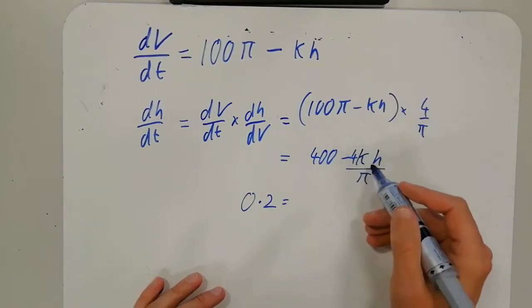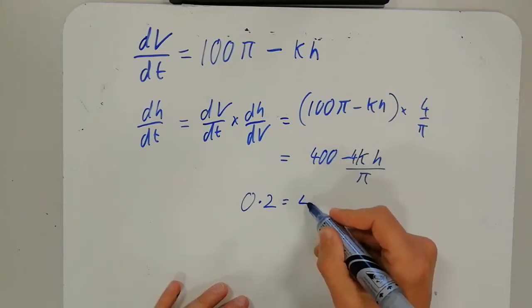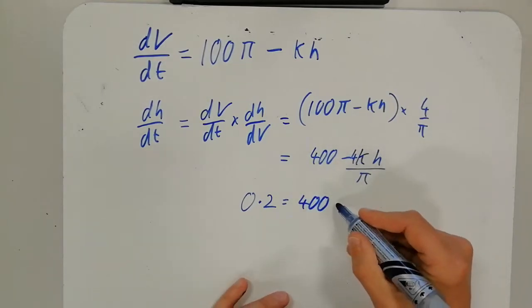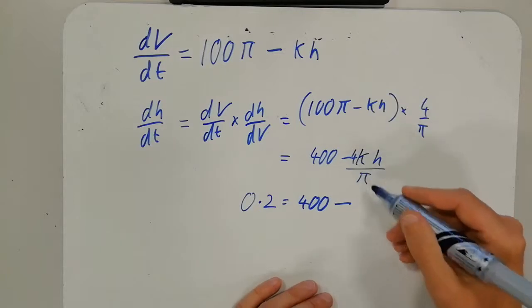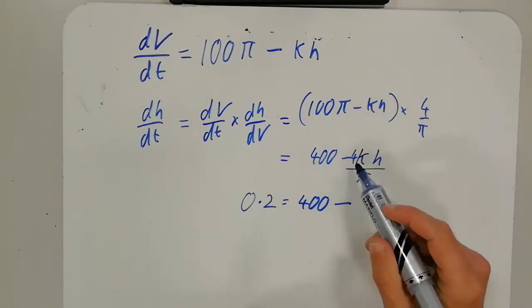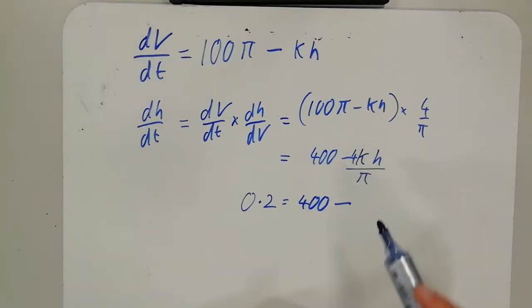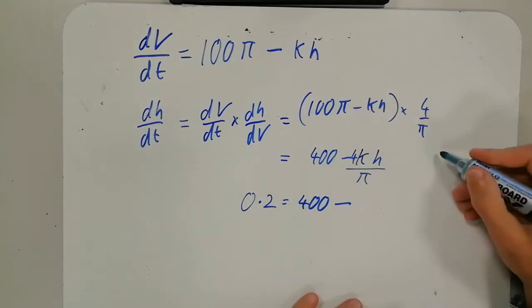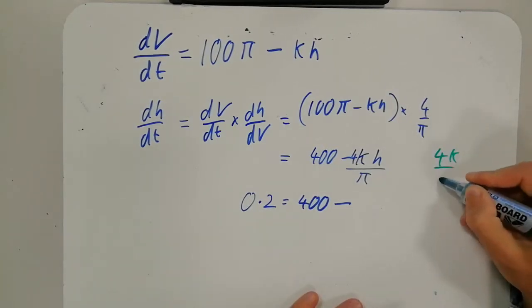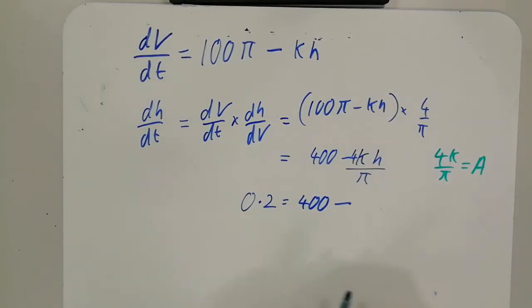This is going to help me find my constant k. 400 minus, well, I could write minus 4k over pi, but 4 is a constant, k is a constant, pi is a constant. I can just replace 4k over pi with some new constant a. Why not? It's going to be much, much nicer to look at.